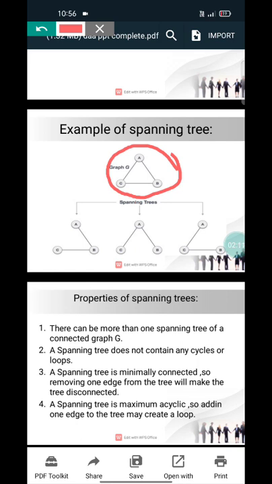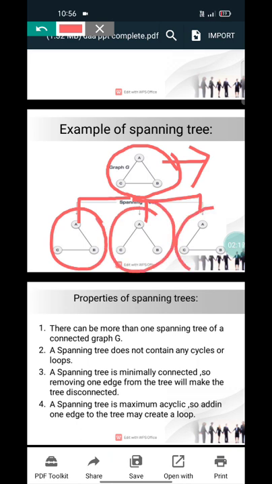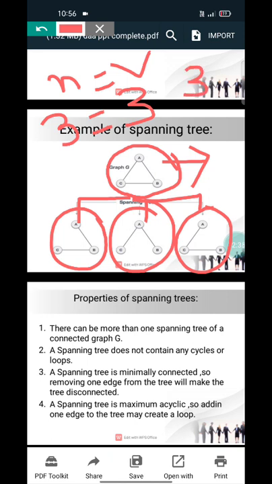So we have three spanning trees of this graph. They are the following graphs. As we discussed above, n is the number of vertices. So if the graph has three vertices, then the spanning tree will have 3 minus 1, that is 2 edges.